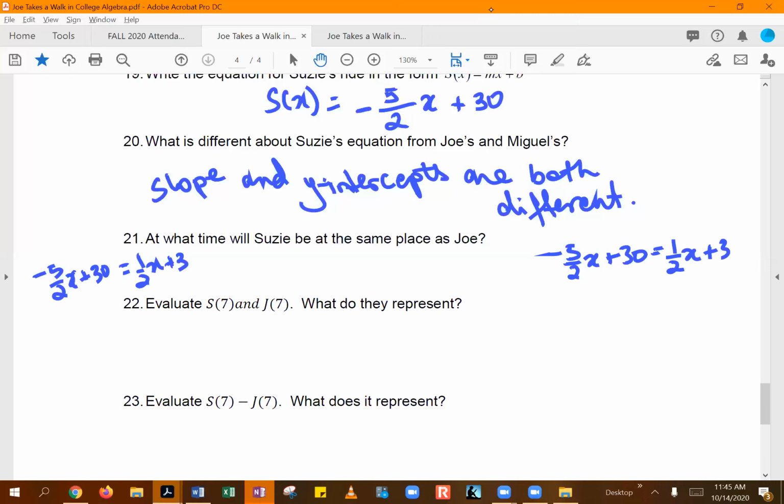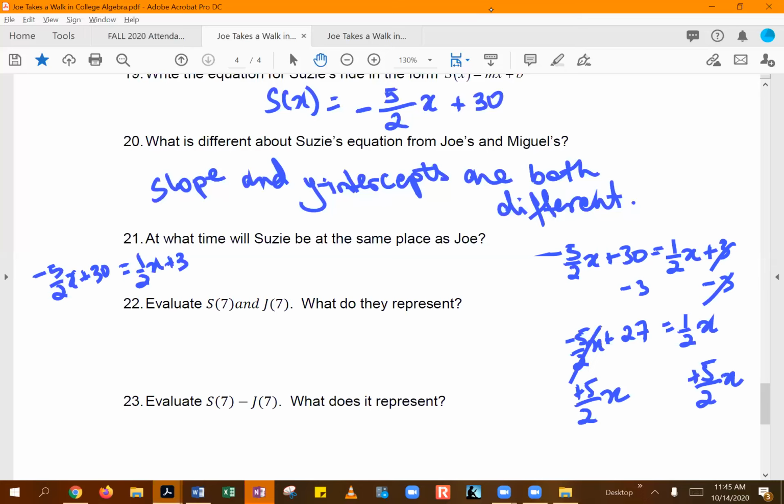So subtract 3 from both sides. You would end up getting 27, 1/2 x on the right, and still the 5/2 x over here. Since we moved the 27, you can go ahead and move the 5/2 to the other side. And that would end up giving us 27 equals 5/2 x added with 1/2 x. You can see they already have a common denominator.